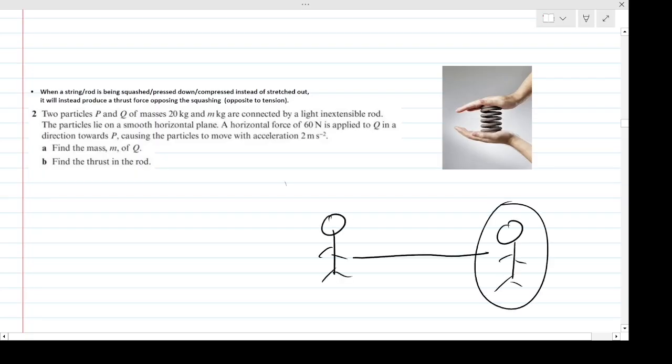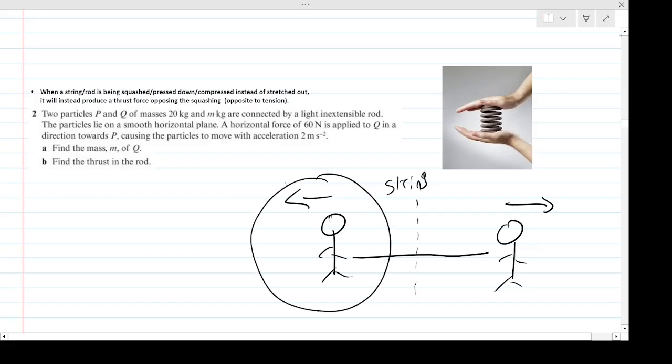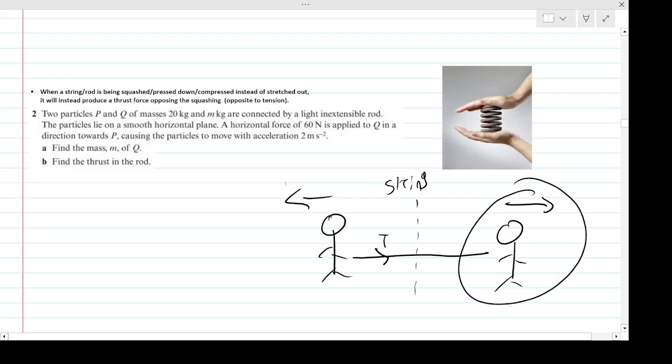Again, let's say we've got this person to the right that's pulling it to the right, and the person on the left pulling it to the left. This is my string. Now, if I split this into half, so if I split the string into two parts, well, at either end, at one end it's been stretched to the left, so the tension is going to go to the right, and on the other end it's been stretched to the right, so it's going to go to the left.